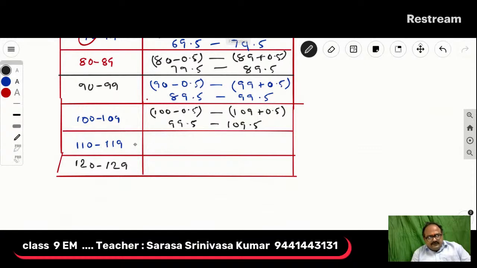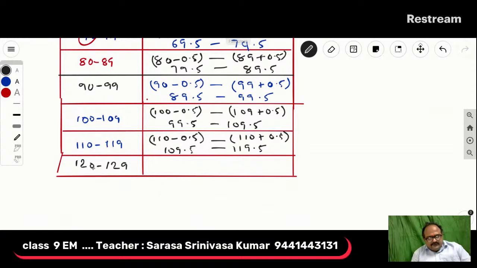Next, we can write this as 110 to 119. So 110 minus 0.5 to 119 plus 0.5. So this is 109.5 to 119.5.